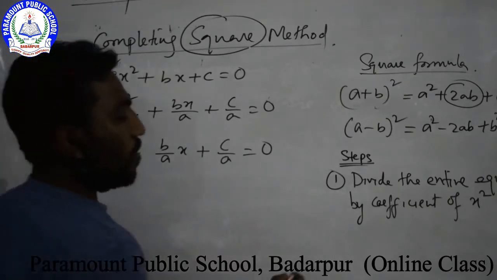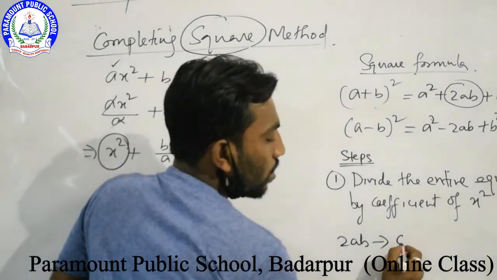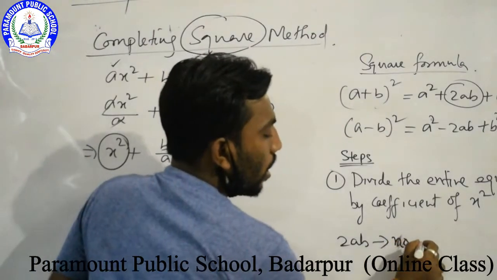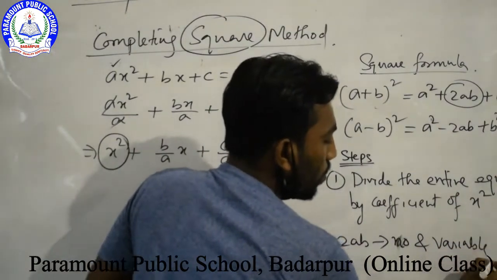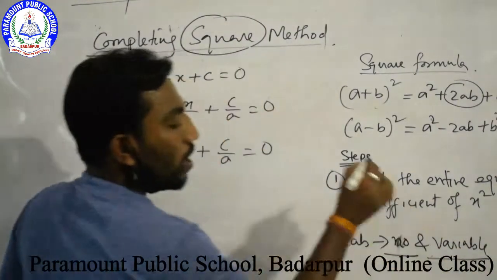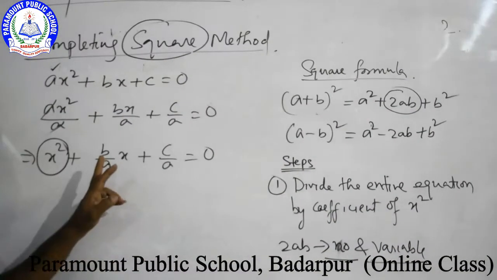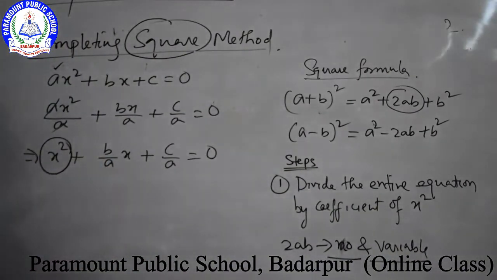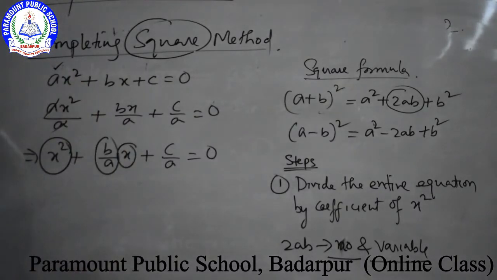Our 2ab form will be where it contains a number and it contains a variable. So from here we can see a number and a variable are present in this term.